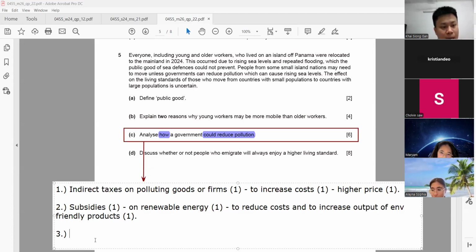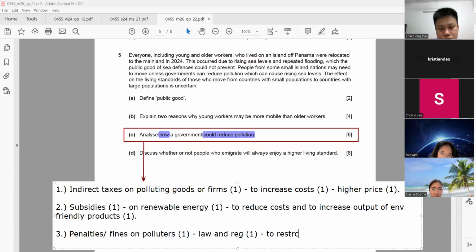Okay, you can talk about, let's say, penalties or fines, imposing fines or penalties on polluters. This is the best answer, really, law. Or like what Mariam said, by enforcing the law and regulation. Okay, how?